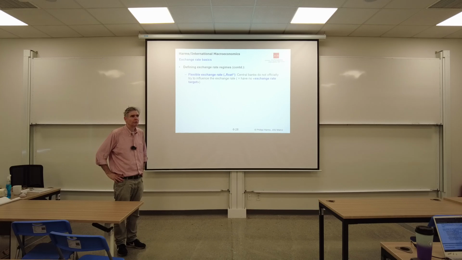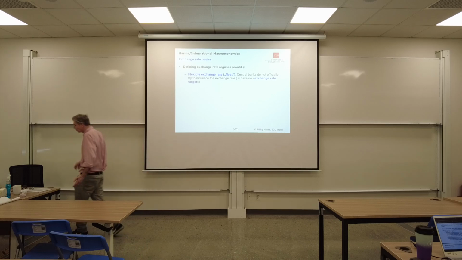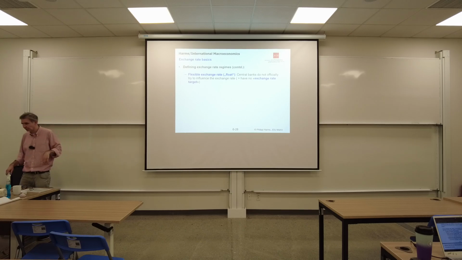But if you ask her, do you have a mandate to implement that, then she would reply, no, right? Because we have a flexible exchange rate. I might be concerned about huge fluctuations on foreign exchange markets, but I have no mandate to start with to influence that.